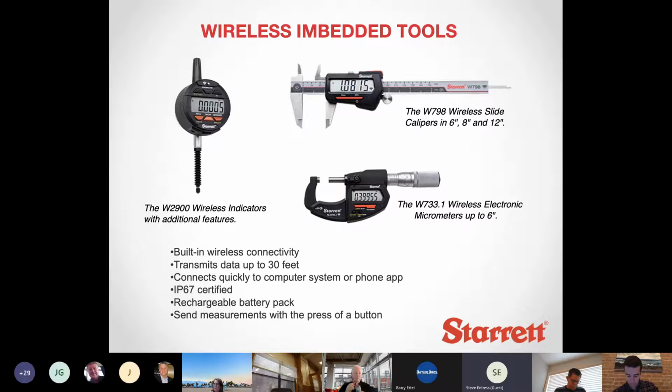The strength of the system is to get the data from point A to point B on a wireless system. So with that said, again, we're building tools with the wireless built into the tool itself. So you don't need these add-on end nodes, we call them, to do the transmitting. So right now we have calipers, micrometers, and indicators, but that'll continue to expand across the electronic tool line to open up other areas of tools. So, okay, go ahead, Mike.